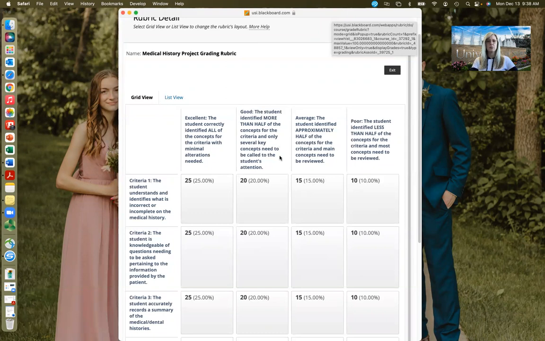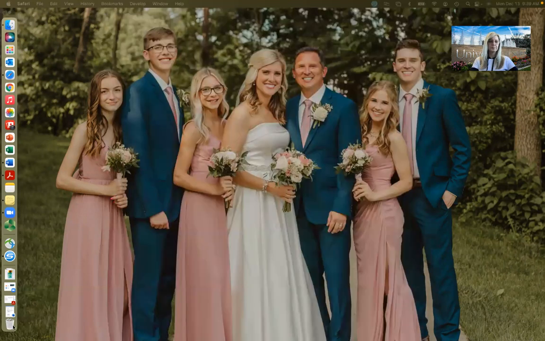If you identified more than half of them correctly, then I check off the points in that column, okay? If you identified approximately half or less than half, I check off the points in that column. So you can see the rubric on the Blackboard site.